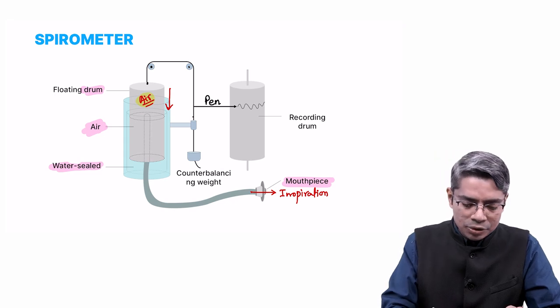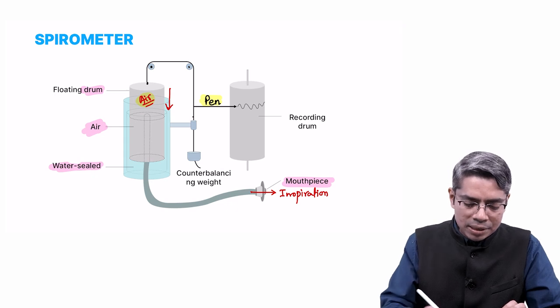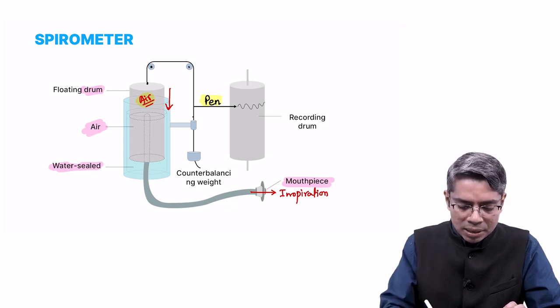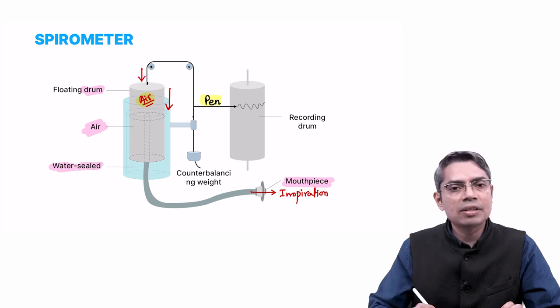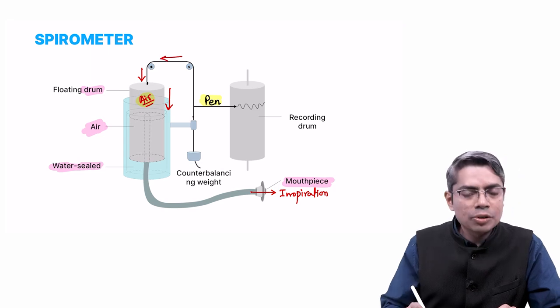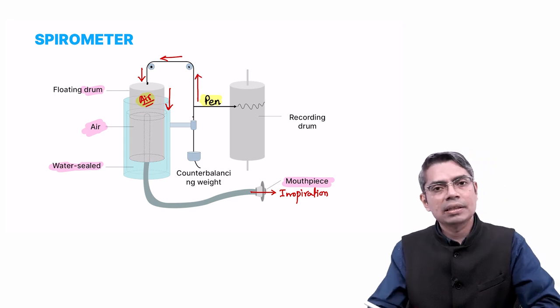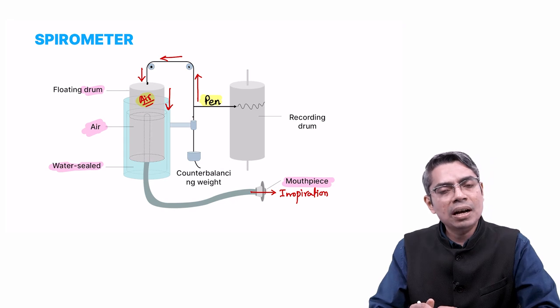If the drum is moving downward, this part of the thread is also going downward. This part of the thread is going to move to the left hand side, and the thread connected with the pen is going to move in the upward direction.